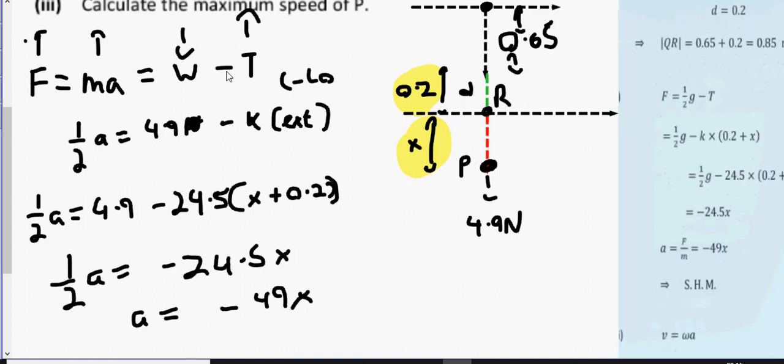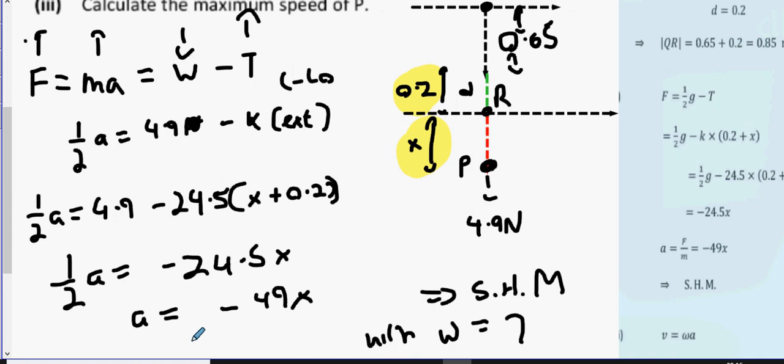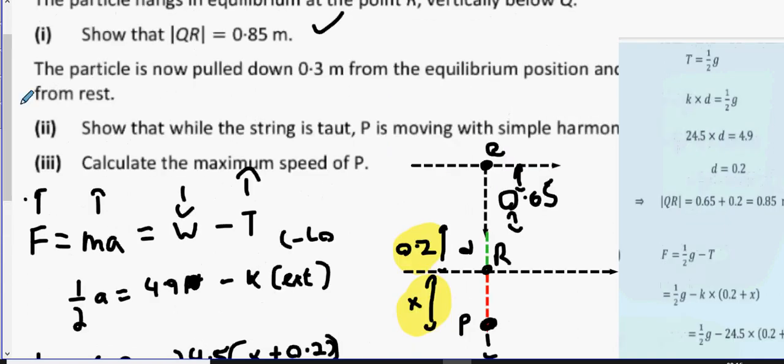So you can see what the marking scheme says. Therefore, SHM, and I like to go a step further with omega equal to 7, because it's minus omega squared x. And what's the amplitude of its motion? 0.3.